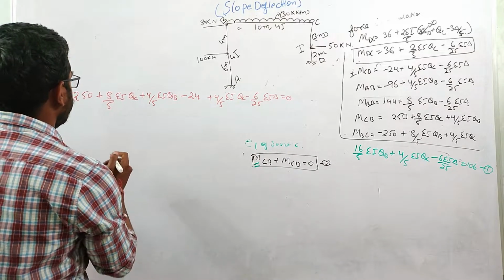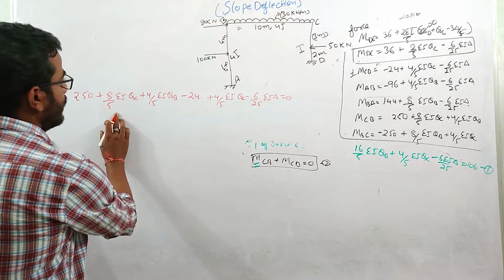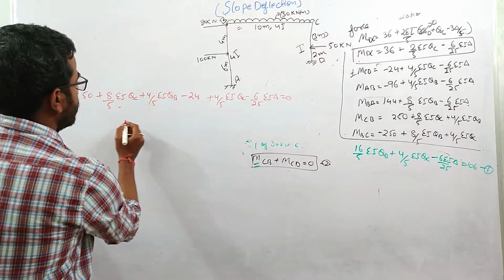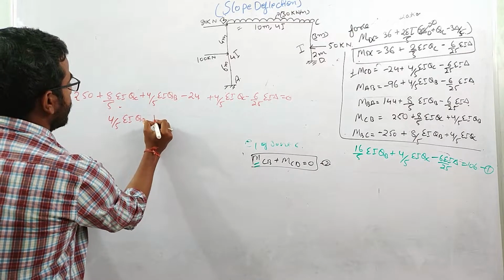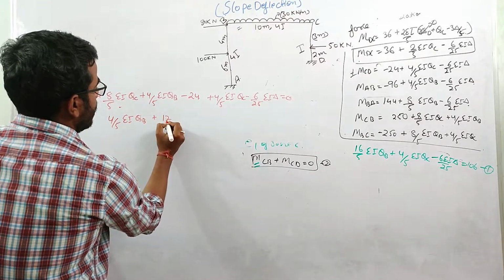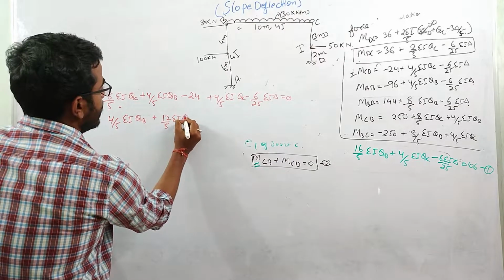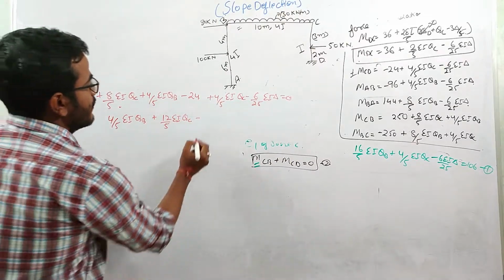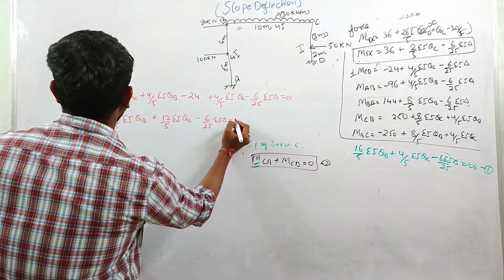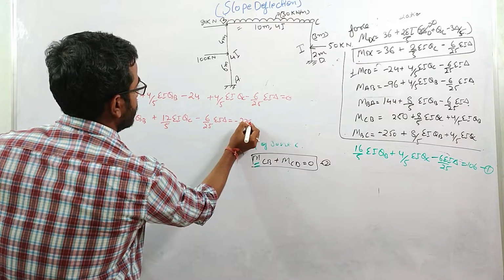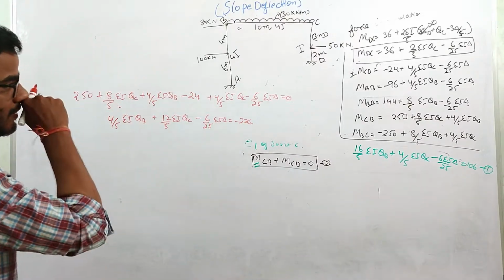So I can write this equation: this is nothing but 4 by 5 EI theta B plus 12 by 5 EI theta C minus 6 by 25 EI delta, and this should be equals to minus 226, right?